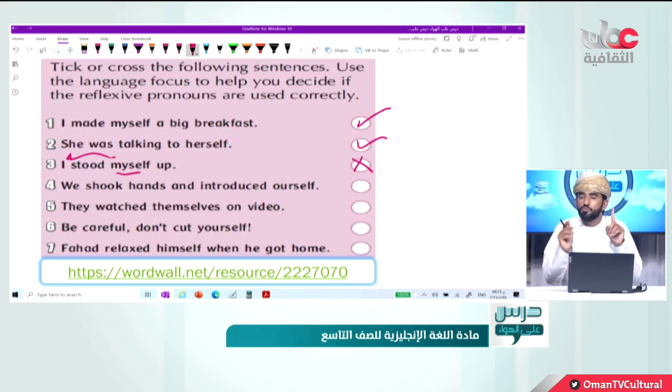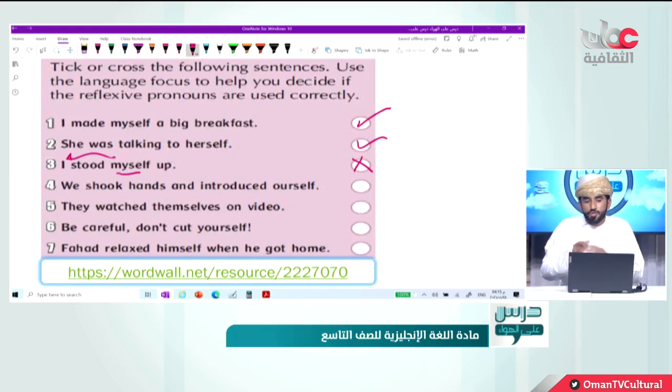But bear in mind that there are some verbs, any action that people usually do, like standing up. People used to stand up, am I right? For example, to relax. If you do very hard work, what should you do next? You have to relax yourself.